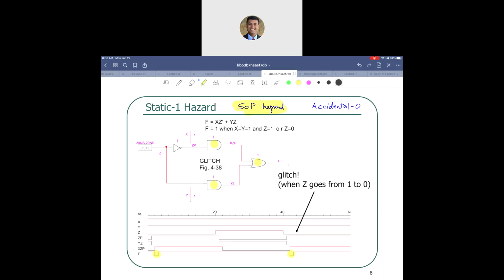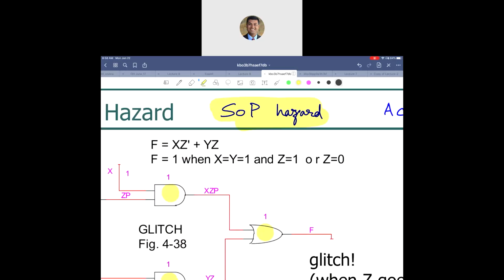Now, let's take a look at what is expected, right? The expectation is, if you have this equation, XZ complement or YZ, I can say this particular statement by just looking at the logic expression. F should be 1 when both X and Y are 1 and Z is 1 or Z is 0. So if X and Y are both 1, no matter what Z is, F should be 1.